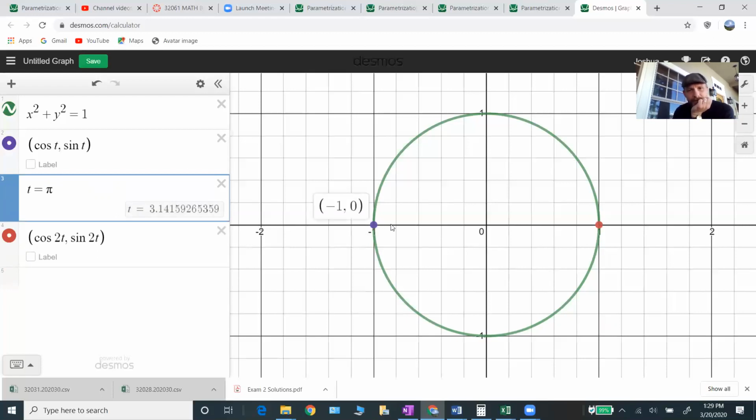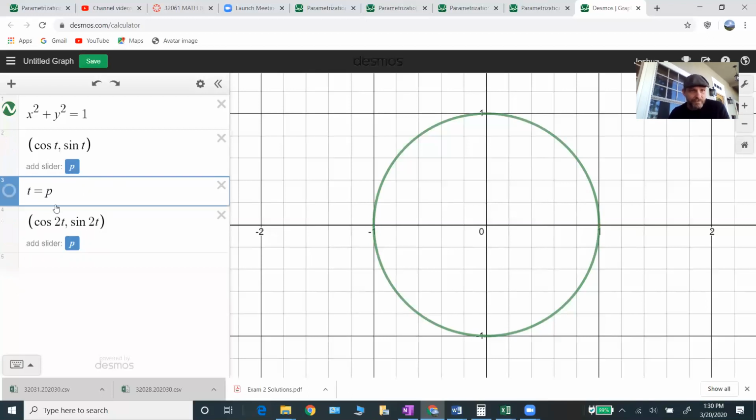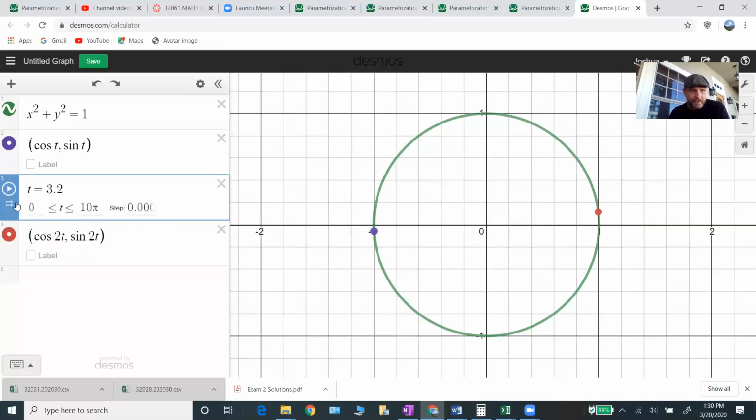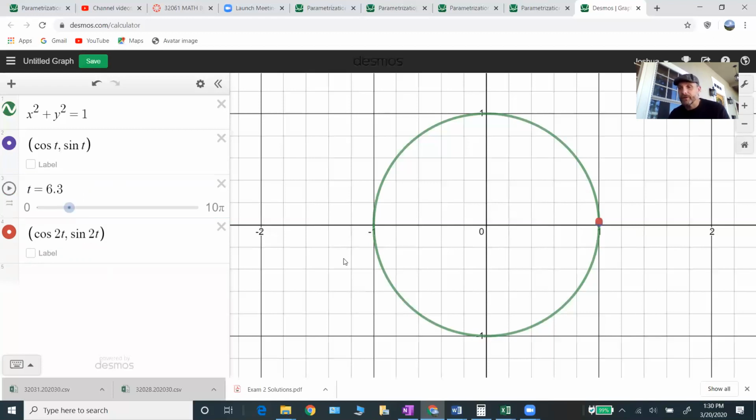So look what's happened. My purple dot has gone through pi radians, halfway around the circle, but the red dot has gone completely around the circle, which means by the time the purple dot makes it around once, the red dot has made it around twice.